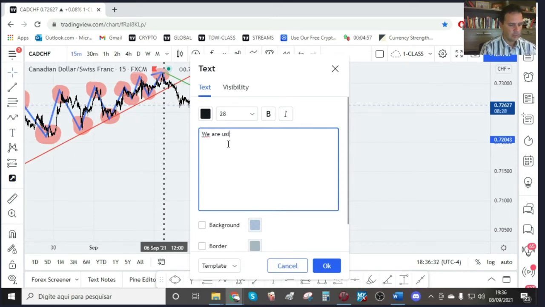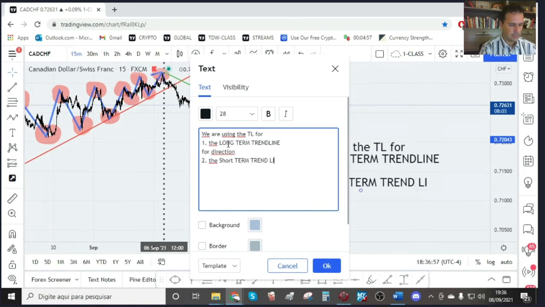We are using the trend lines for number 1, the long-term trend line, for direction, if you want. And number 2, the short-term trend line for what it's called timing.